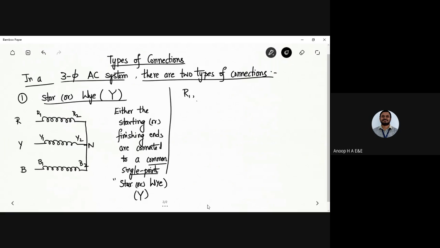Say R1, R2 and R3. Similarly, R1, next Y1, next B1, okay, next R2, Y2 and B2. Now these are the starting ends, and these are the finishing ends.